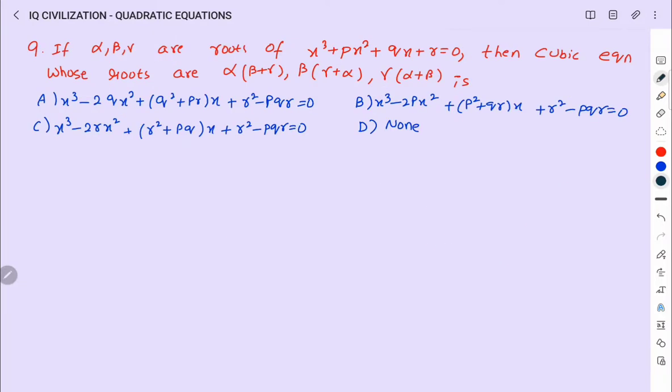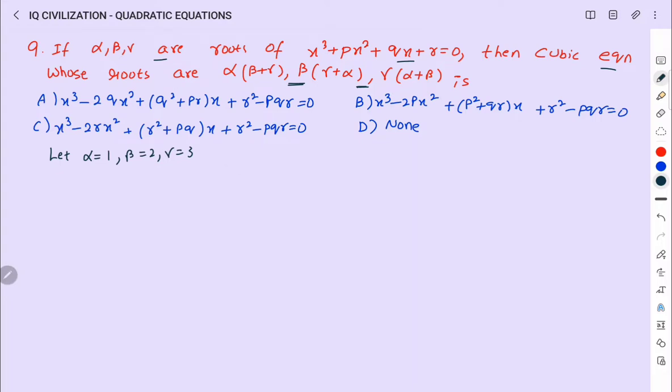Here is the next one. If alpha, beta, gamma are roots of this equation, then the cubic equation whose roots are this one. So cubic equation means you will get x cube something. So let alpha 1, beta 2, gamma 3 be the roots. Then from this we will get, this is PQR, right?